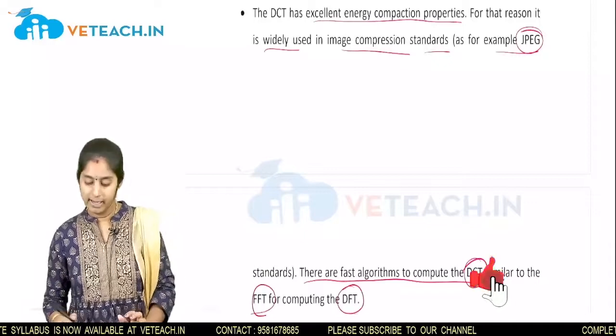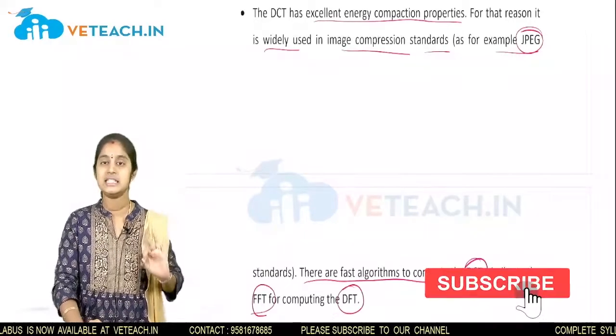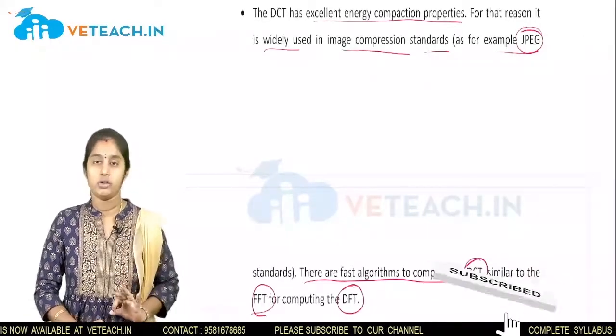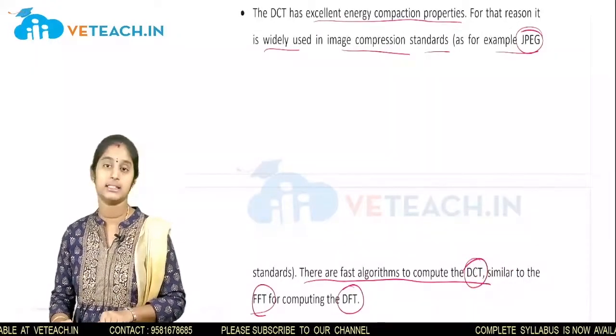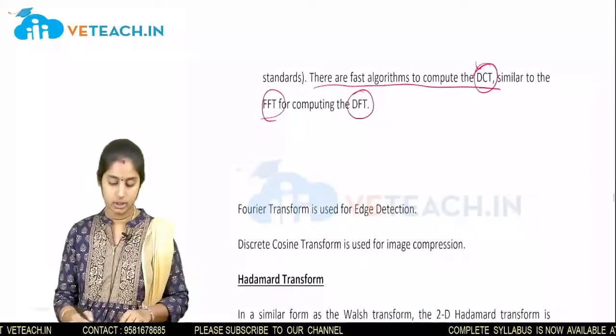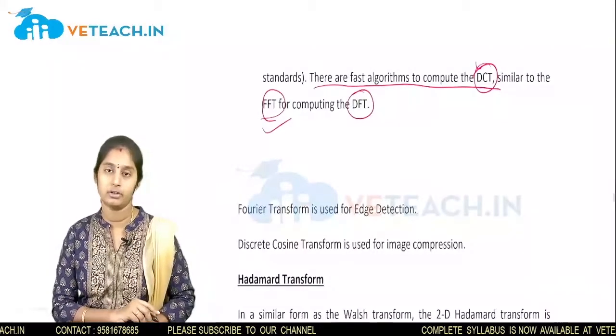Here we have three terminologies: DCT, DFT and FFT. DFT is discrete Fourier transformation. DCT is discrete cosine transformation. FFT is fast Fourier transformation.